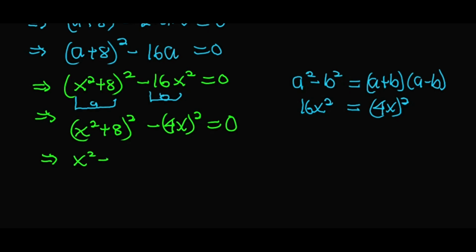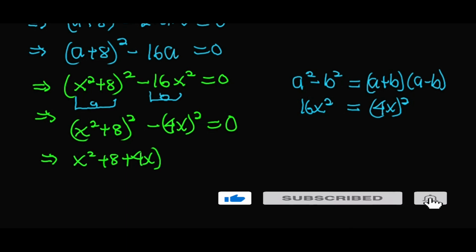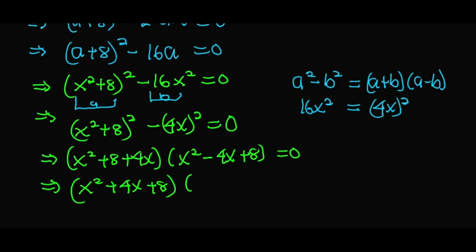If we apply it, this will give us x squared plus 8 plus 4x in brackets multiplied by x squared minus 4x plus 8 equals 0. So let's rearrange this expression: we have x squared plus 4x plus 8 multiplied by x squared minus 4x plus 8 equals 0.